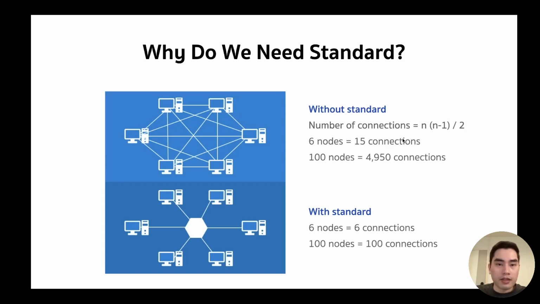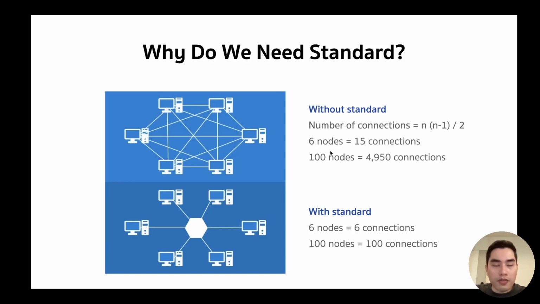Why do we need standards? Because if we don't have standards, the number of connections will be like in this formula, n(n-1)/2. Like this node wants to connect to this node, that is one connection, this is another connection, so it is 1, 2, 3, 4, 5, 6.